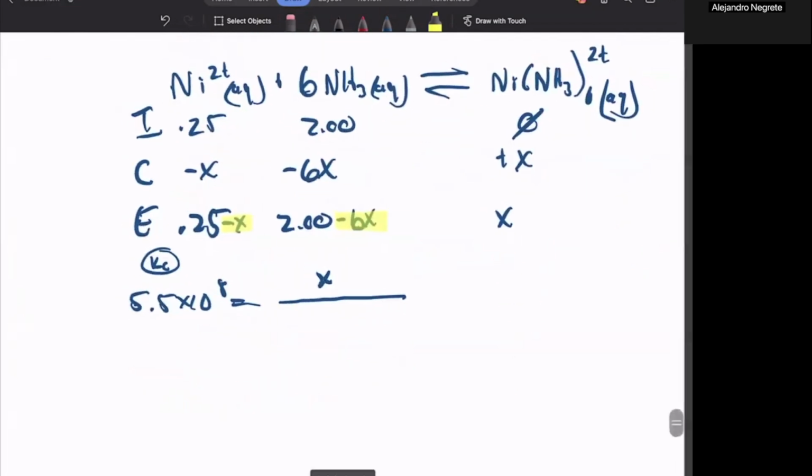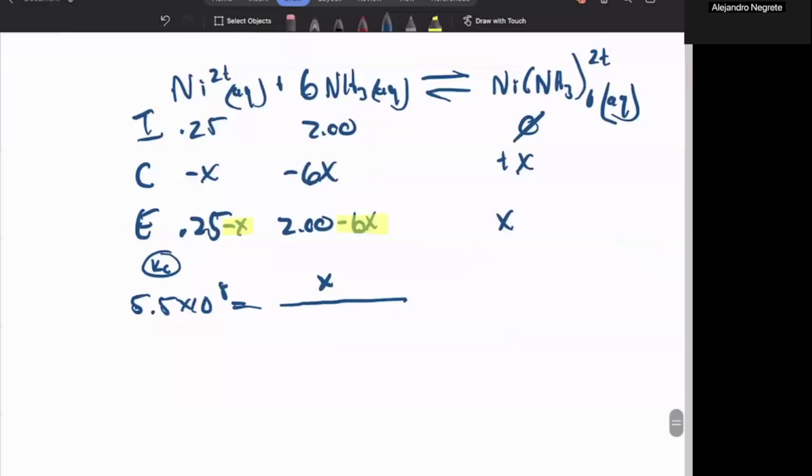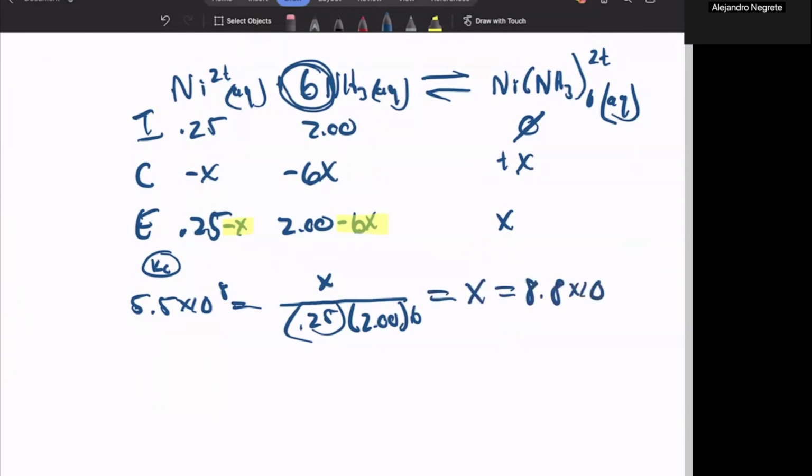Otherwise, it'd be a real mess. So we can put 0.25, but let's not forget this is going to be 2.00 to the 6th. And all said and done, x is equal to 8.8 times 10 to the 9.